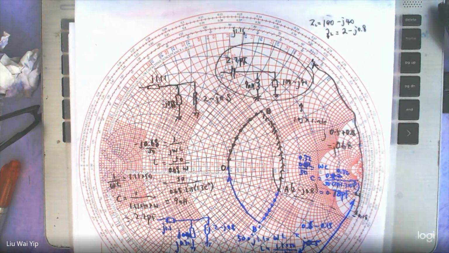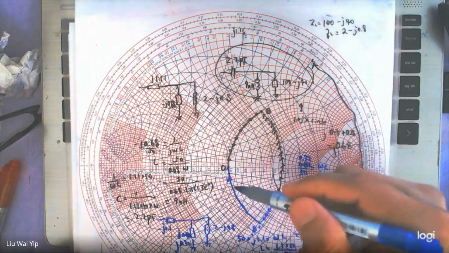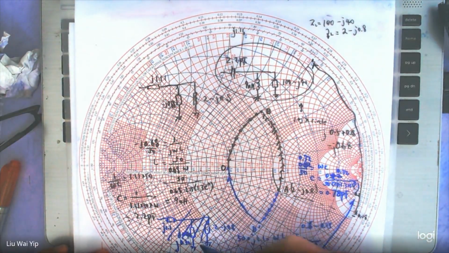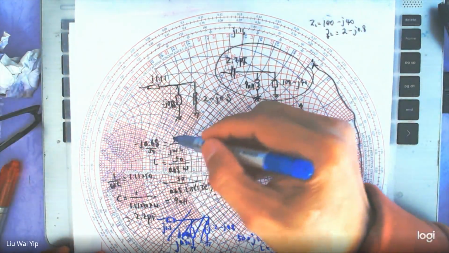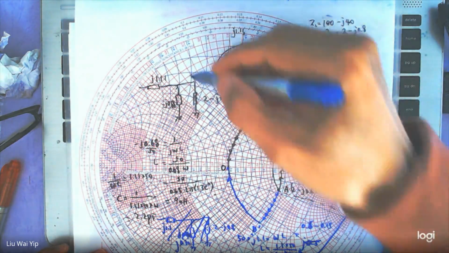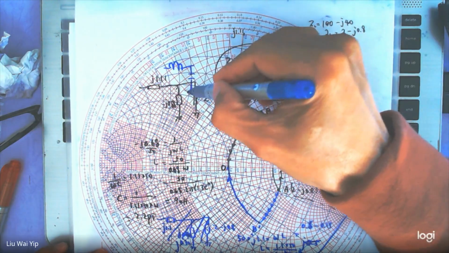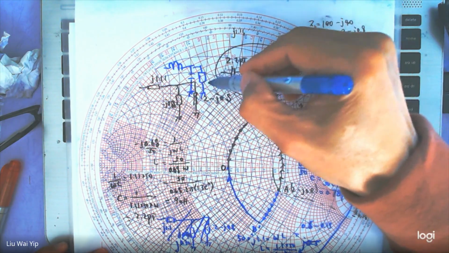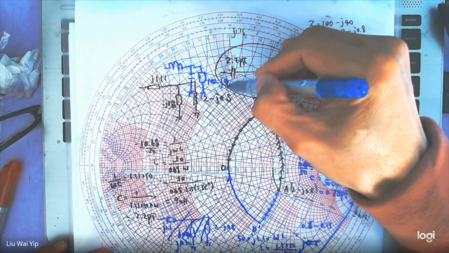So another solution will be here. Yeah, I will draw it here, and then the load 100 minus J40.